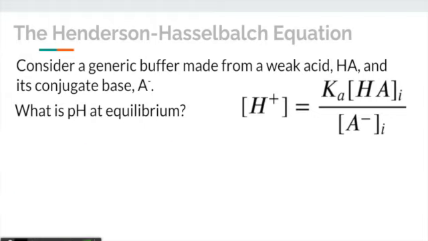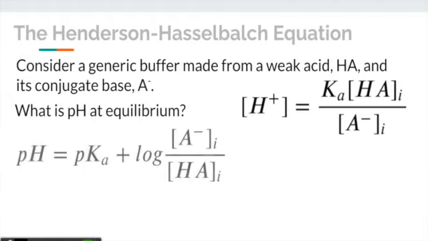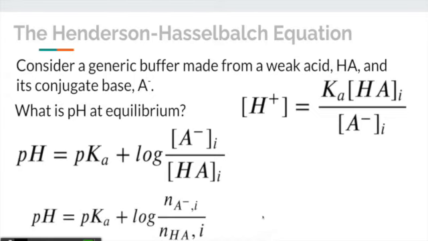So here's a summary of that. There's the Henderson-Hasselbalch equation in terms of concentration, but we can also think about it in terms of just ratios of moles, if that's easier to use, which it often is.